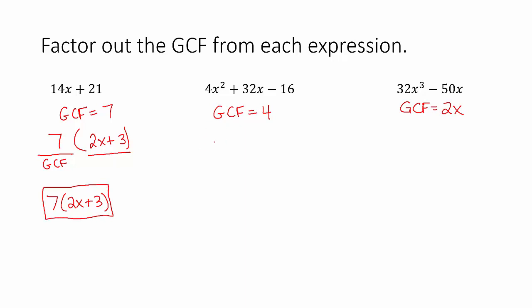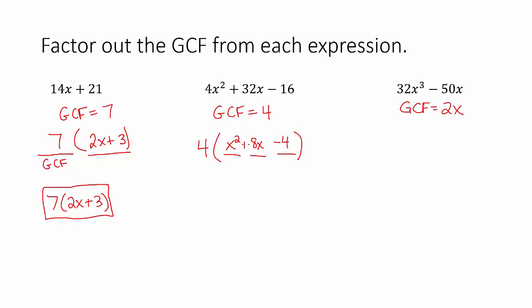On to the next one. We know that this would be 4 times a trinomial. Each of these terms is going to become something else. We're going to take each of those terms and divide them by 4. So here we would get x squared, here we would get 8x, and here we would get -4.